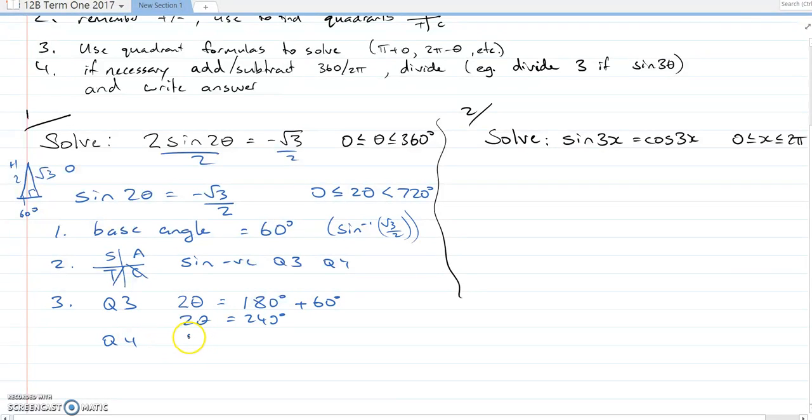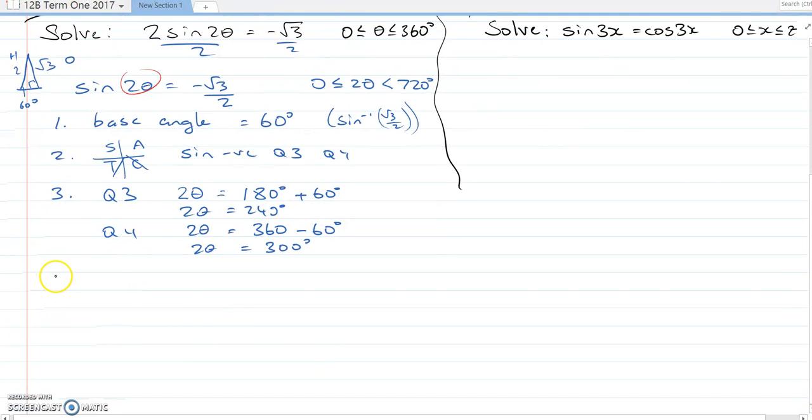Quadrant 4, 2 theta, so I'm using 2 theta because that's what we're solving for, is 360 minus 60 degrees. Alright, so 2 theta equals 300 degrees.